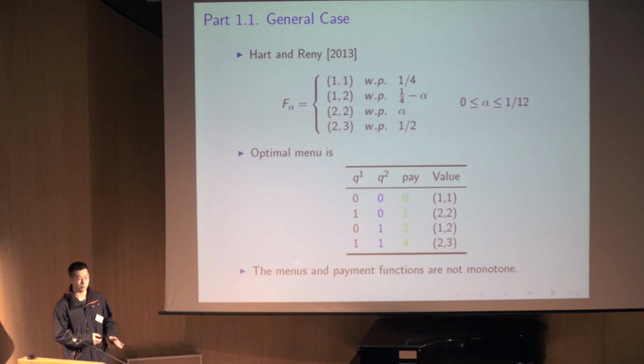You cannot sort the menu items in a way such that they all increase simultaneously. And also the payment function is not monotone. When the buyer's value is 2, 2, he only pays 1 in this mechanism. And when the buyer's valuation is 1, 2, he pays 2, which is higher.